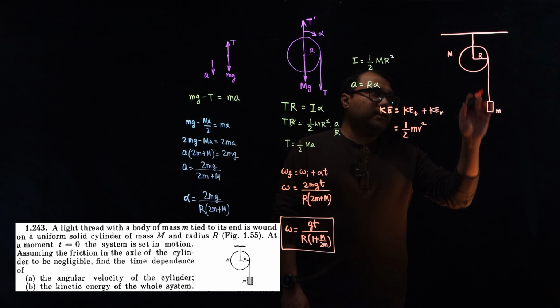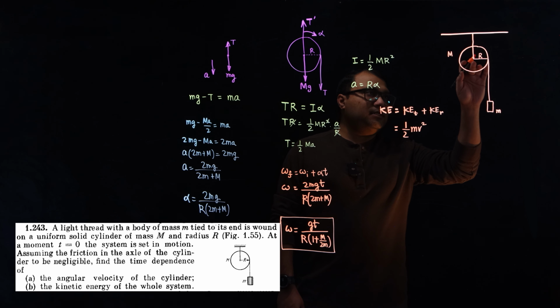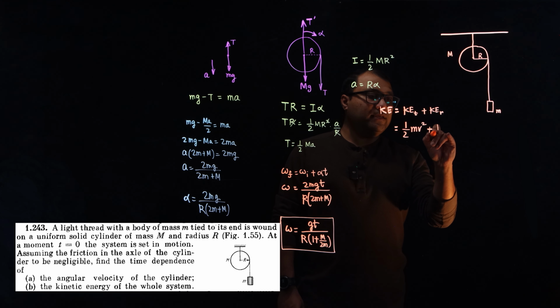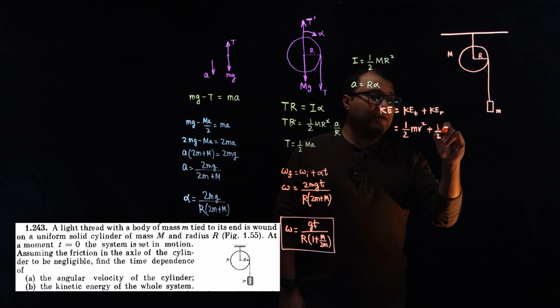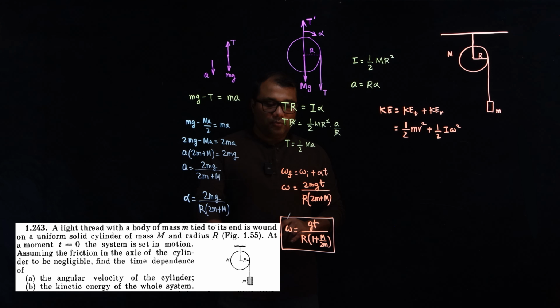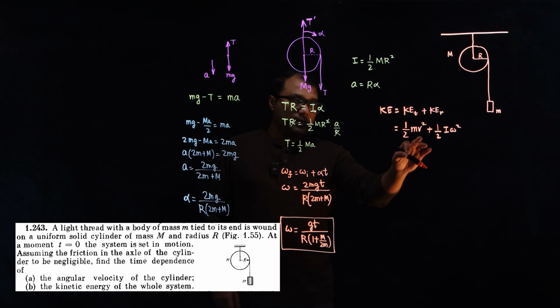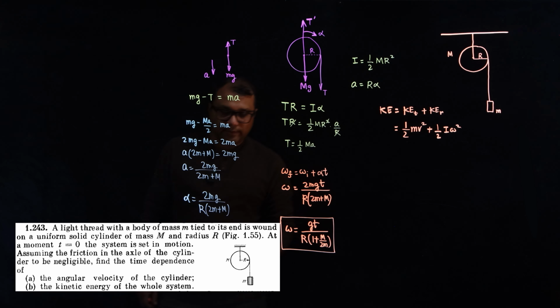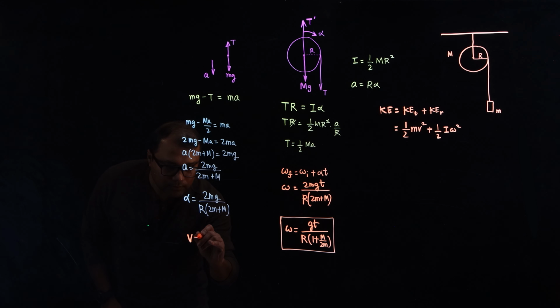This guy is not rotating, this guy is not translating, but this guy is rotating, and we have a kinetic energy of the cylinder which is half I omega square. Now we know omega, we don't know v, but we can find out v very easily. We can write v is equal to omega r.